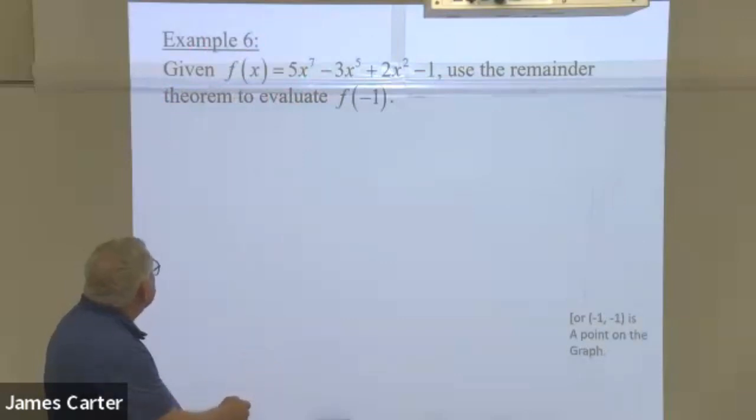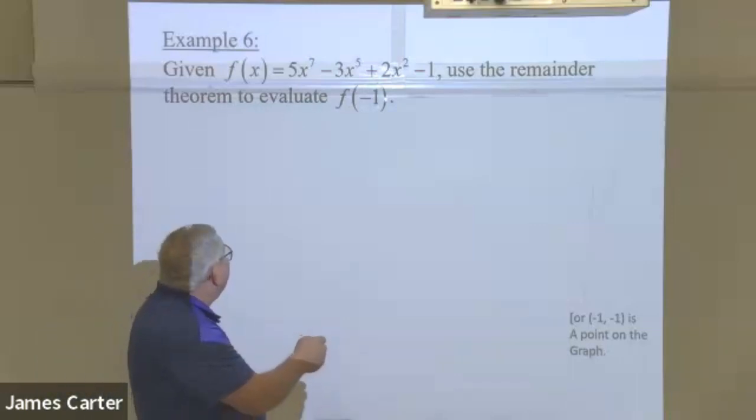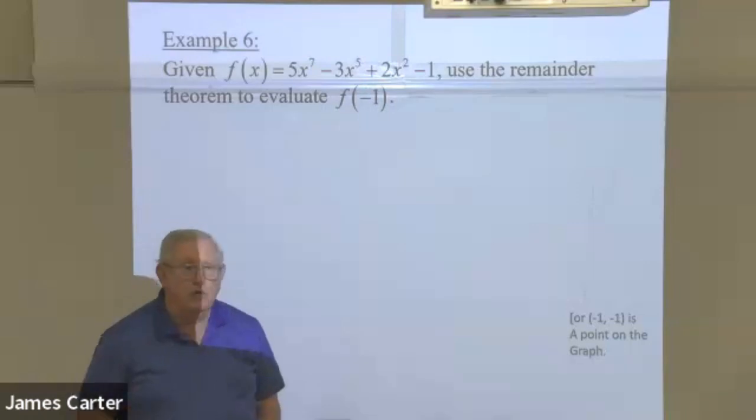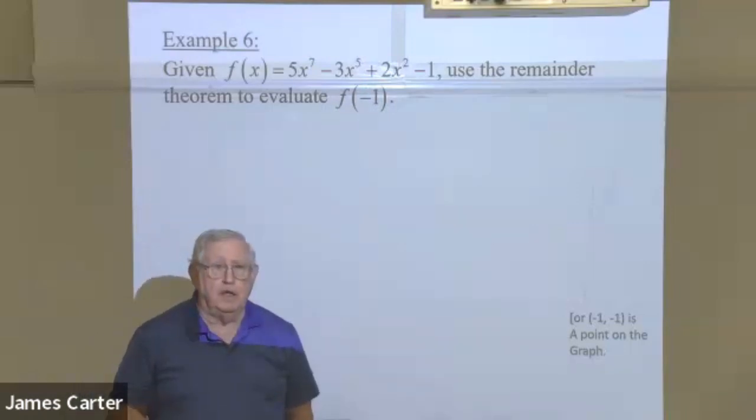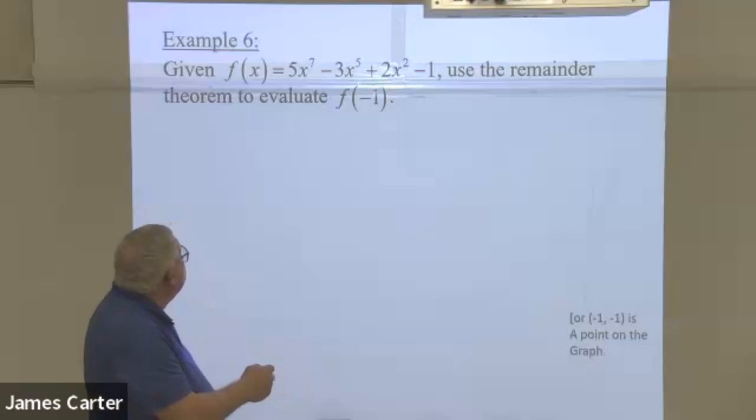We've got this. They want to use the remainder theorem to evaluate a value or a zero of -1. That's what they're attempting to do, is see if the zero, -1, is a factor or if there is a remainder.